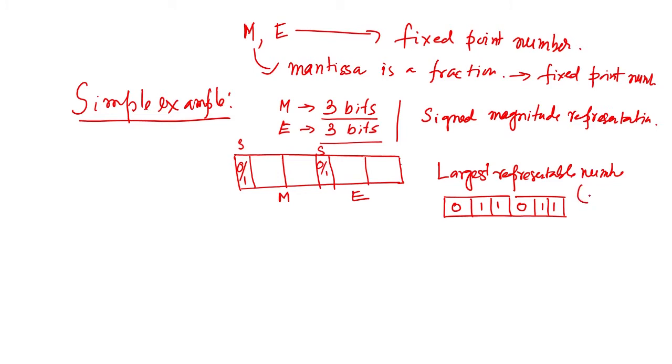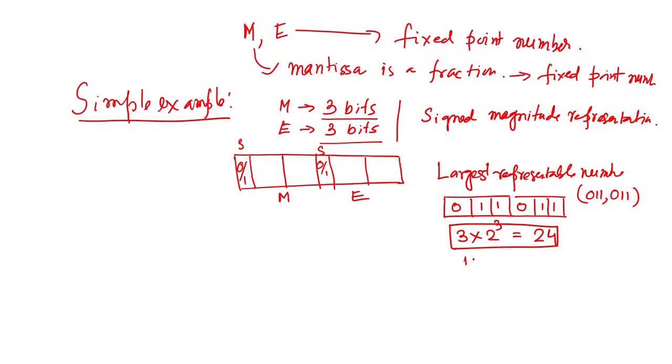In binary, this gives you 3 and this gives you 2 to the power 3. So the highest representable number is 24.